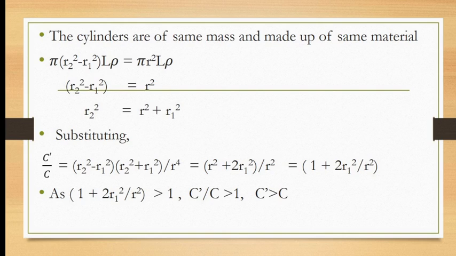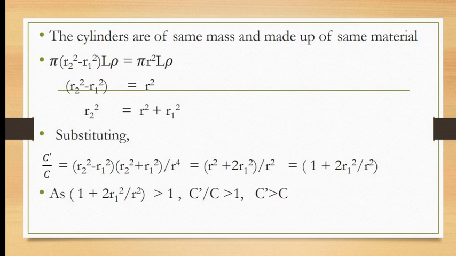Now how can we analyze this equation? See, C dash by C gives you a term that contains 1 plus 2r1 square by r square, isn't it? That means 1 plus 2r1 square by r square is greater than 1, isn't it? That means C dash by C is greater than 1.